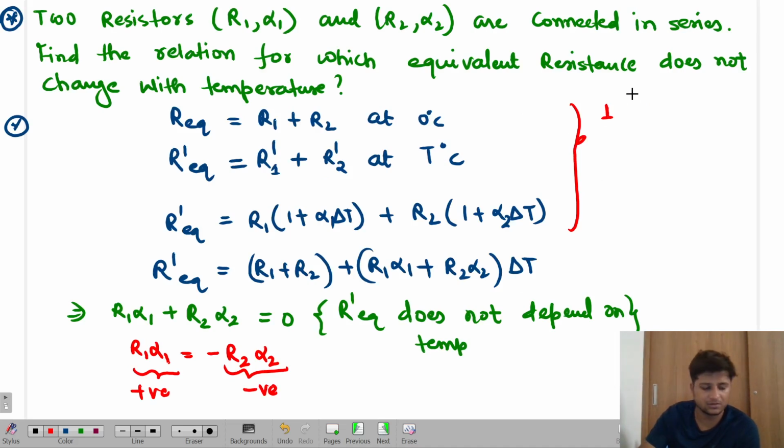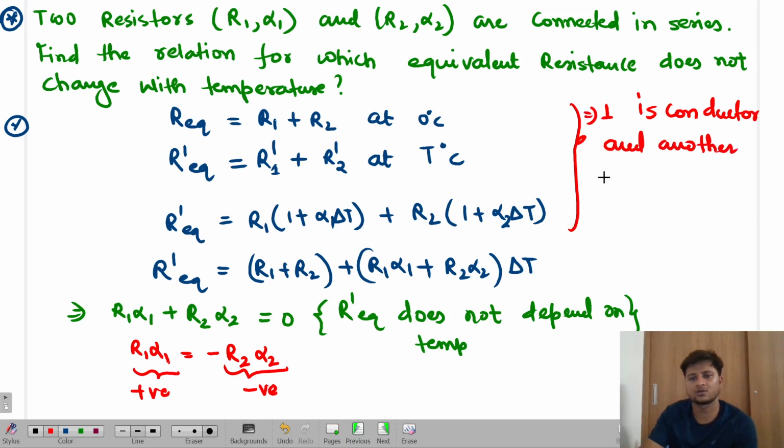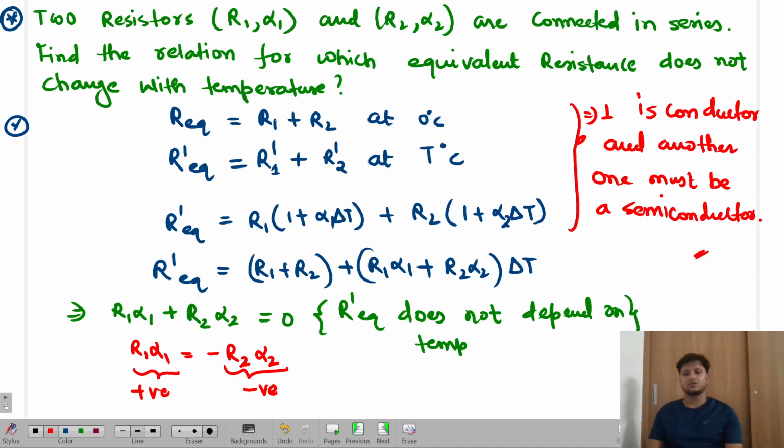Out of these two resistors, one is a conductor and another one must be a semiconductor. Any can be conductor, vice versa is also possible. One needs a conductor, the other a semiconductor, then only they must be connected in series.